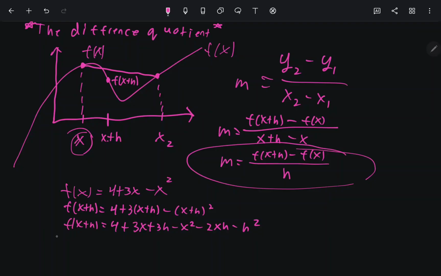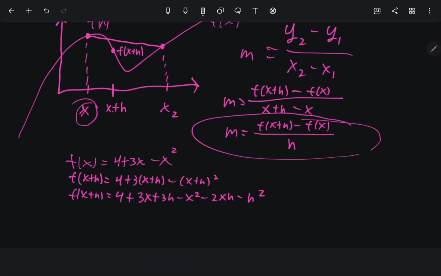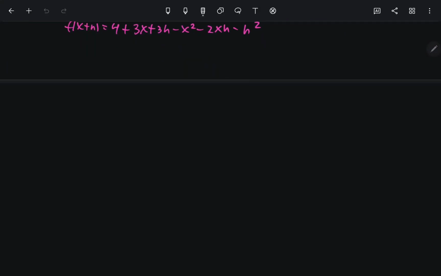So we're going to then take this, and we're going to call this m is going to be equal to... Actually, scratch that. I need a bit more space, so I'm going to do the rest of this calculation on the next page.